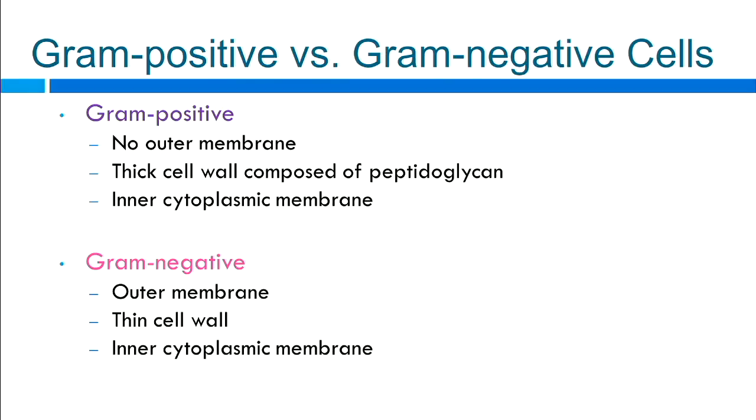So this is non-existent. Okay, so there's only 2 parts. If you're Gram negative, you have that outer membrane. So be thinking of it like a protective shield, so you don't absorb the Gram stain. Okay, it's negative because it can't get through. That's a lot of lipids, and it can't absorb it.